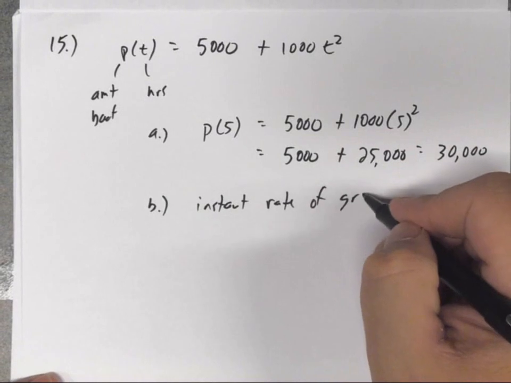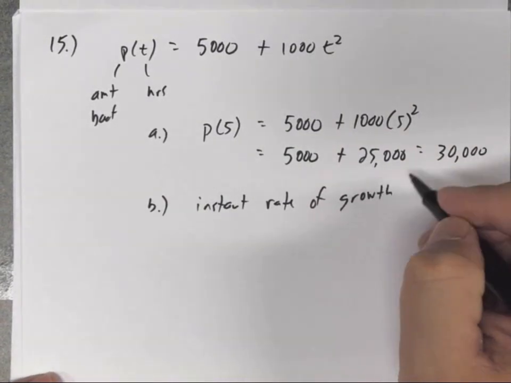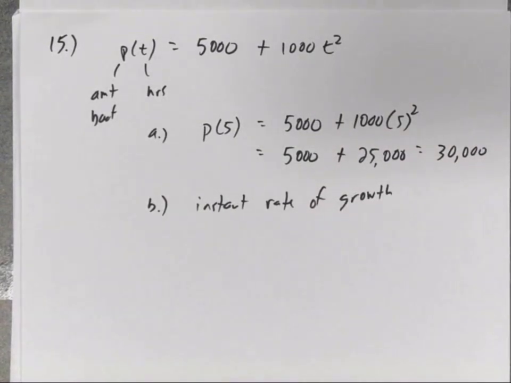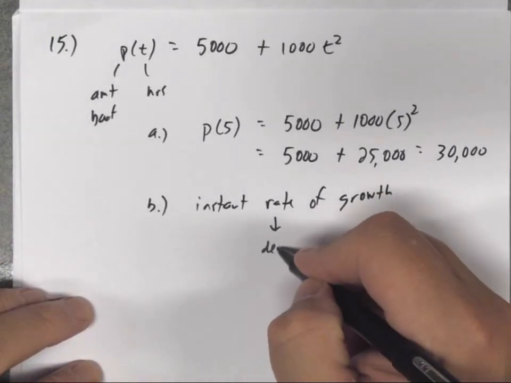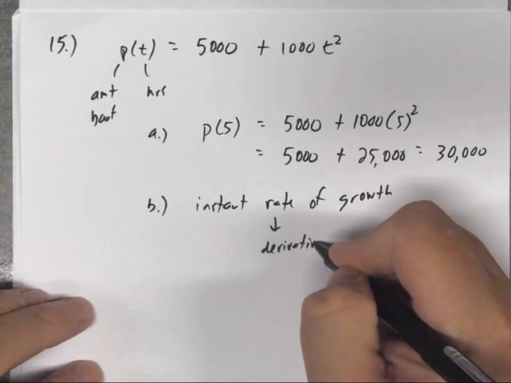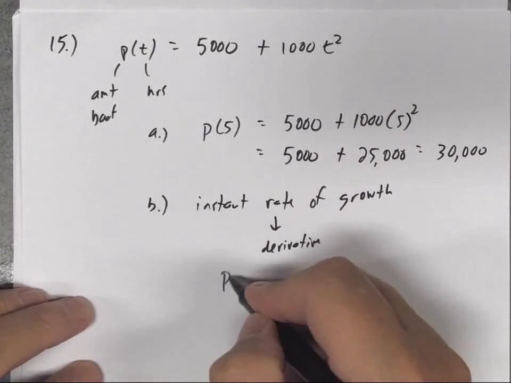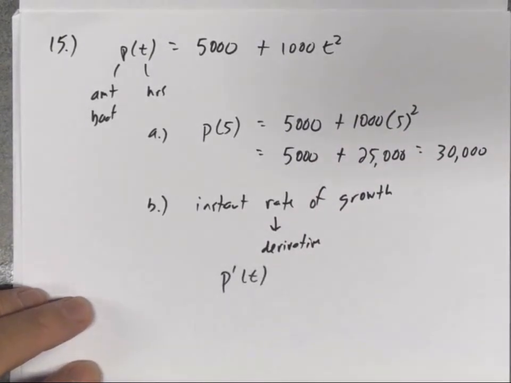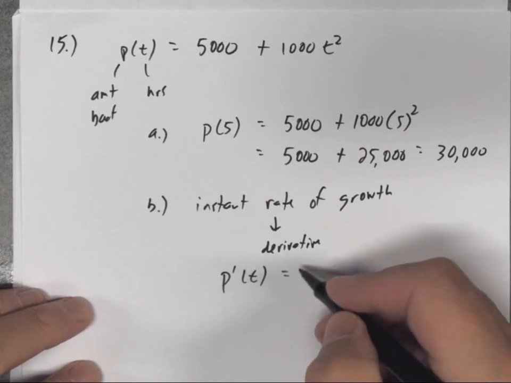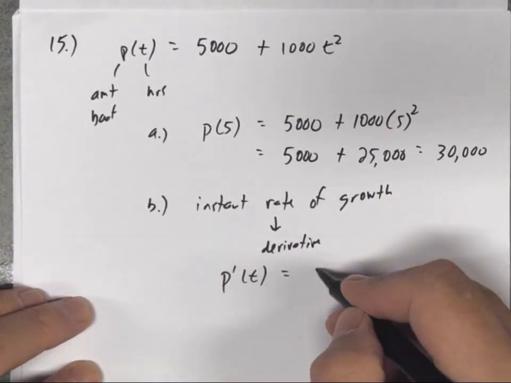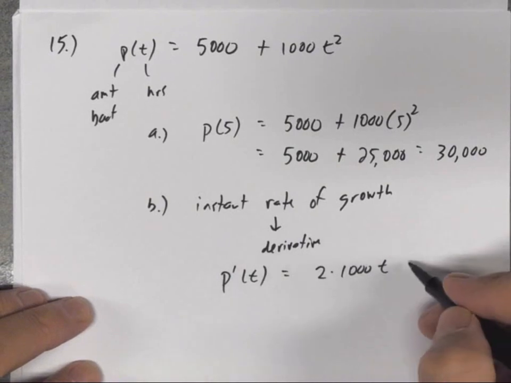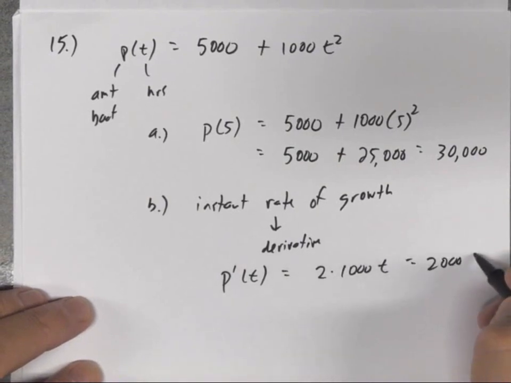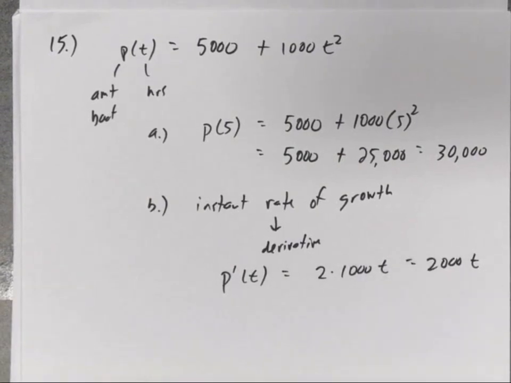Part B asks for the instantaneous rate of growth. In story problems, instantaneous rate of growth is another word for the derivative. So the derivative, P prime of t, the 5,000 is a constant. 2 times 1,000 t looks like 2,000 t.